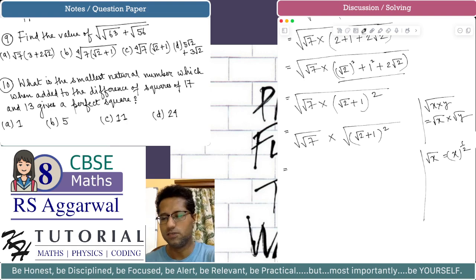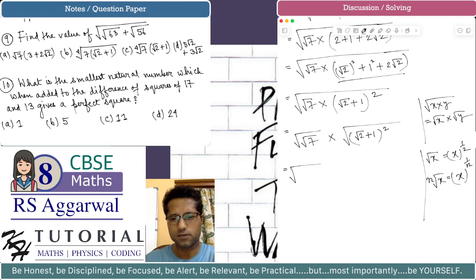In general, nth root of x means x to the power 1 by n, where n is a natural number. So this is nothing but 7 to the power half, and square root of 2 plus 1 whole square means 2 plus 1.